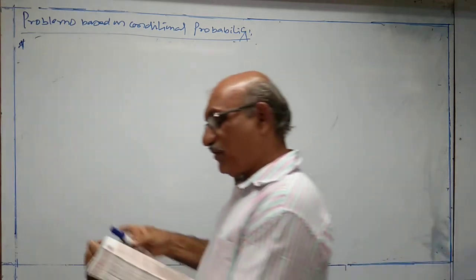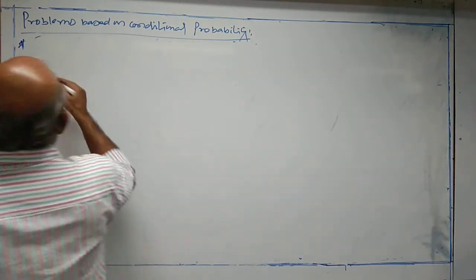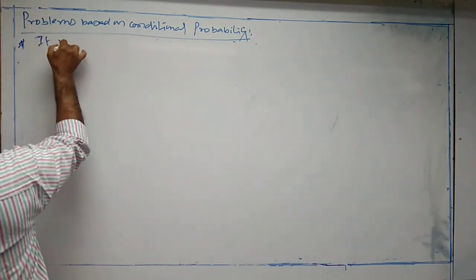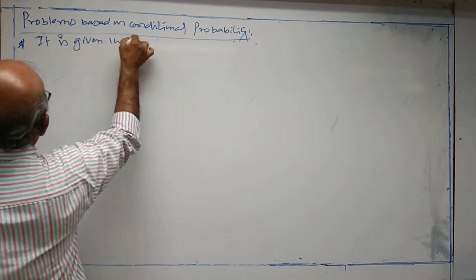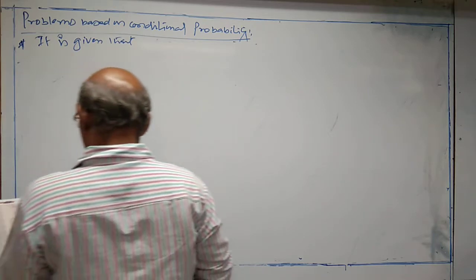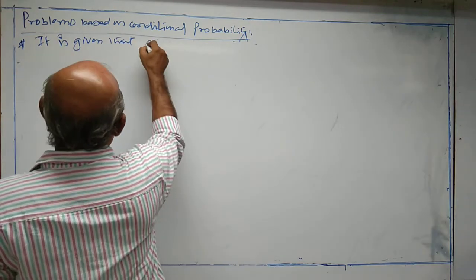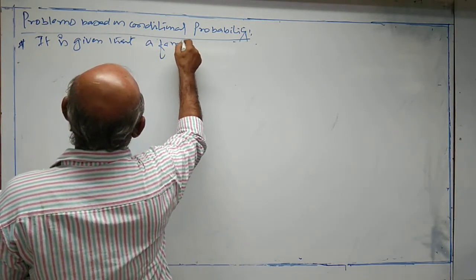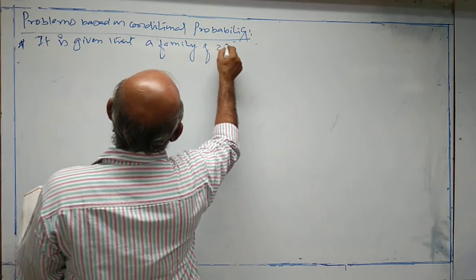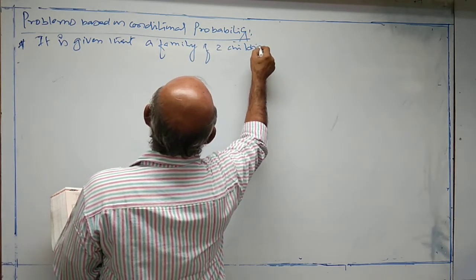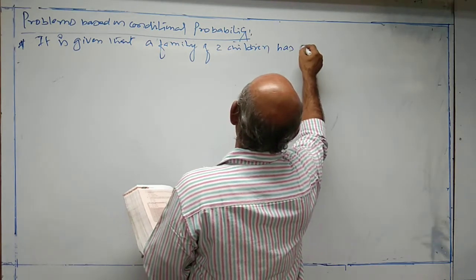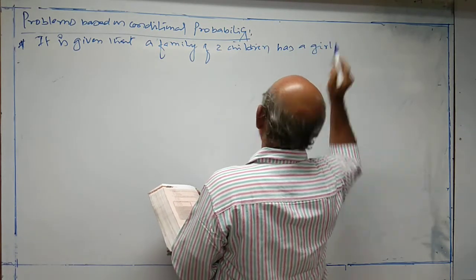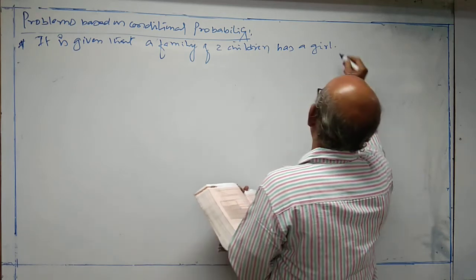Next, one more question, sir. It is given that a family of two children has a girl.